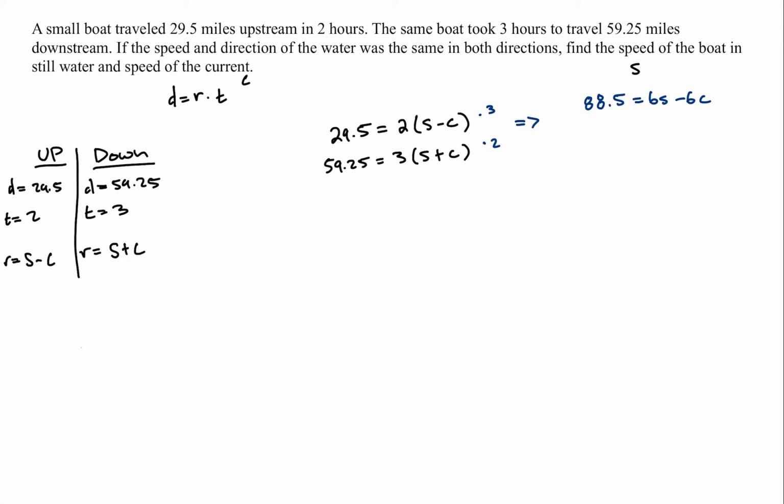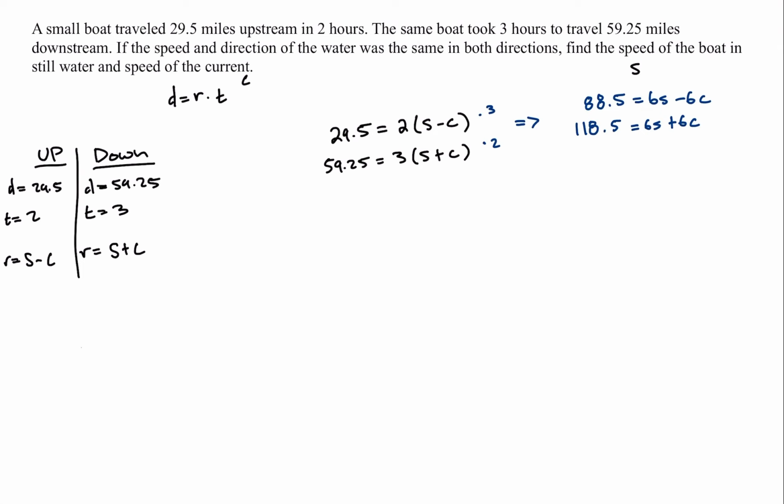And for the second equation, 59.25 times 2 is 118.5, equals 6S plus 6C.